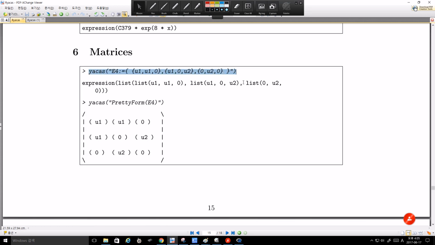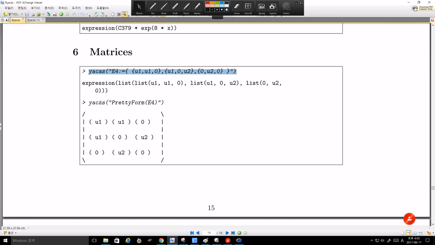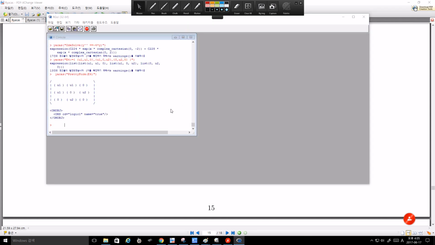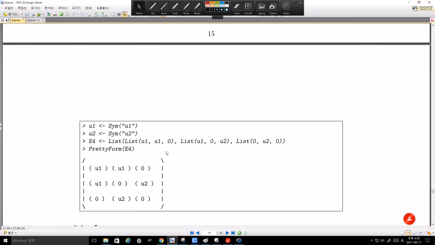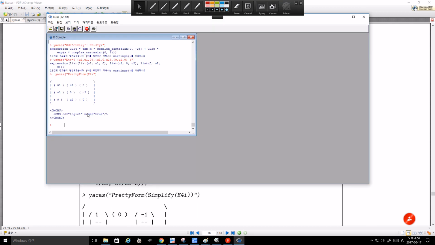Let me try this one. And then Ryacas pretty form. Yes, we have something like this. And then inverse matrix. Where is inverse? This is the inverse matrix of E4.